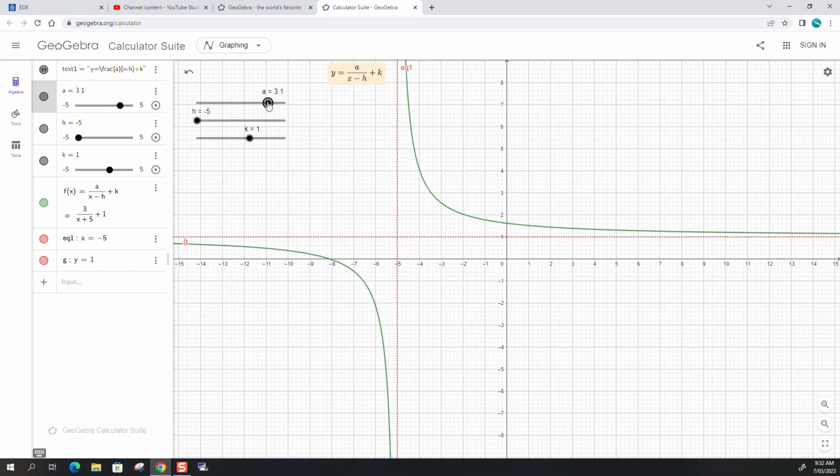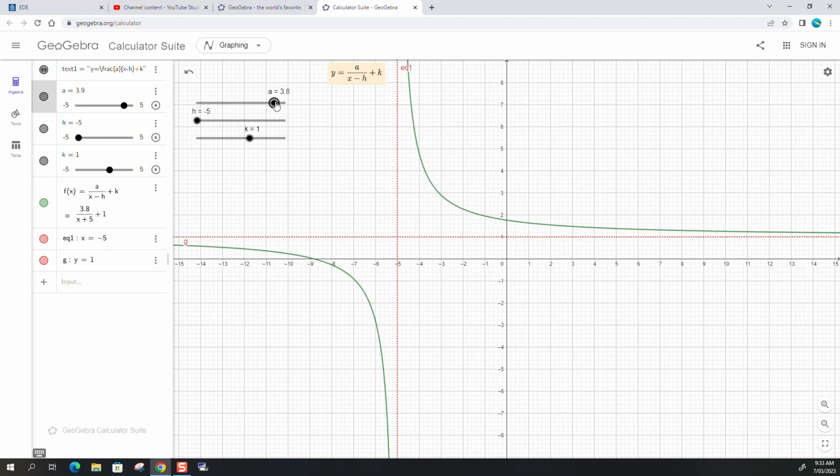If I stretch a up to 3, then the point that used to be 1 unit above is now 3 units above. The point at 3, which used to be 1/3 of a step, is now 3 times a third, or 1. The point that used to be at 1/2 is now 3 times 1/2, or 1.5 steps above.